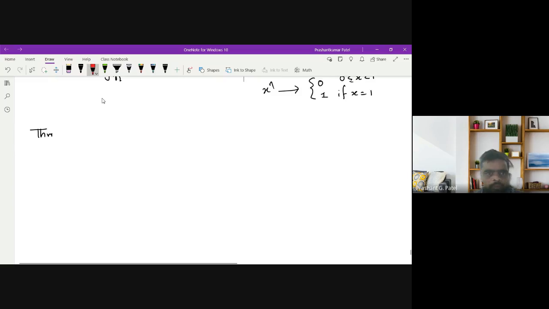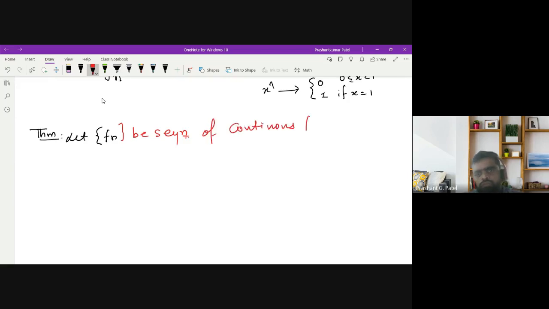Theorem: let fn be a sequence of continuous functions on E, where E may be a subset of R or a subset of C. That means a subset of the real numbers or a subset of the complex numbers.